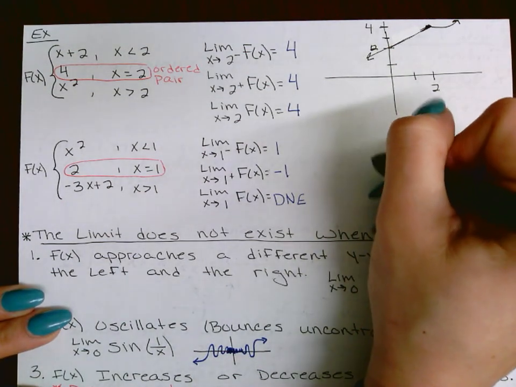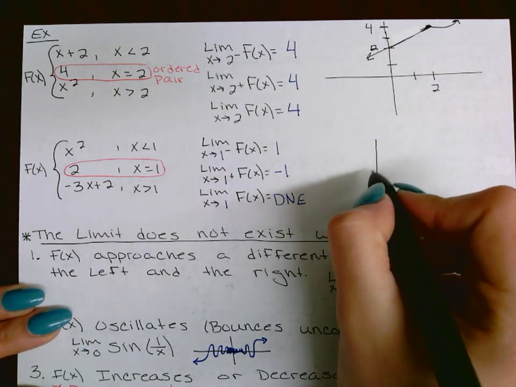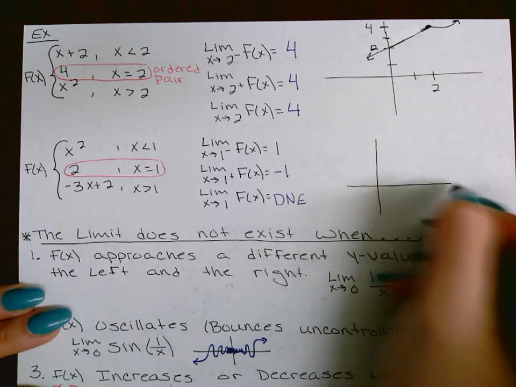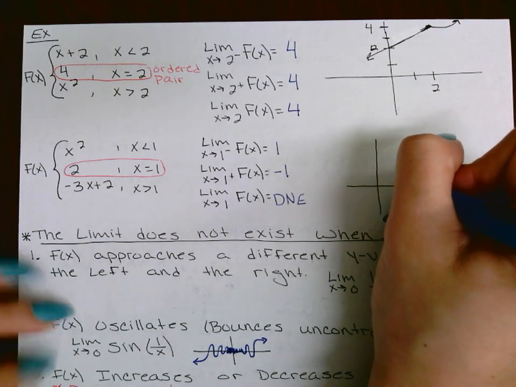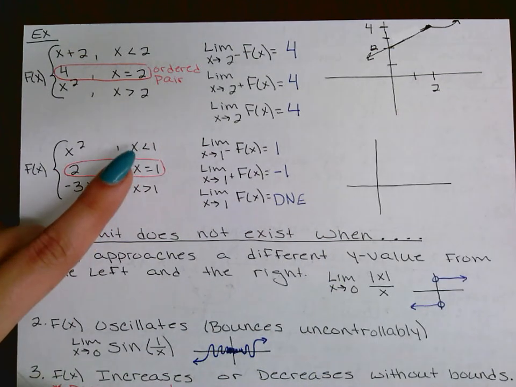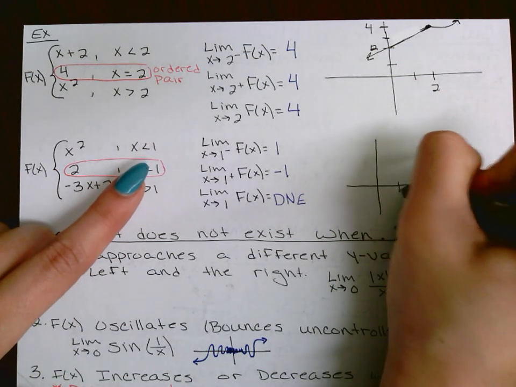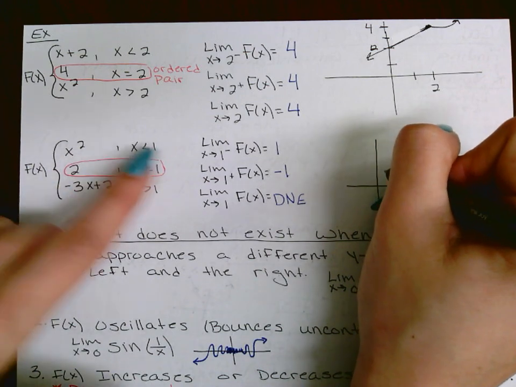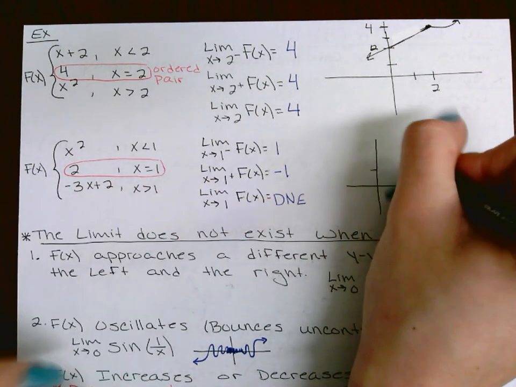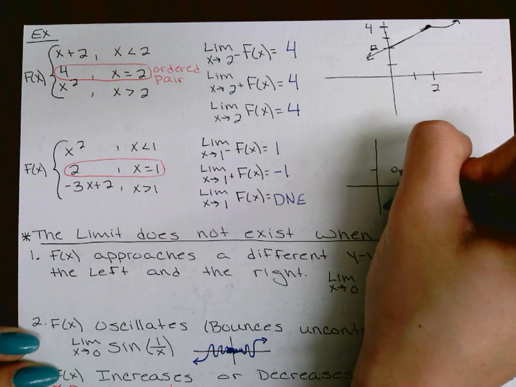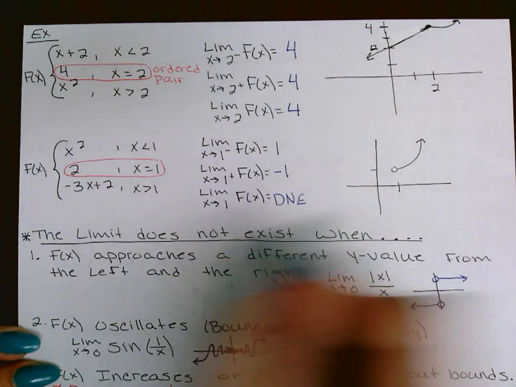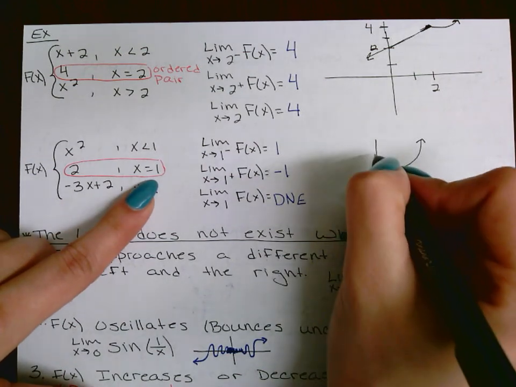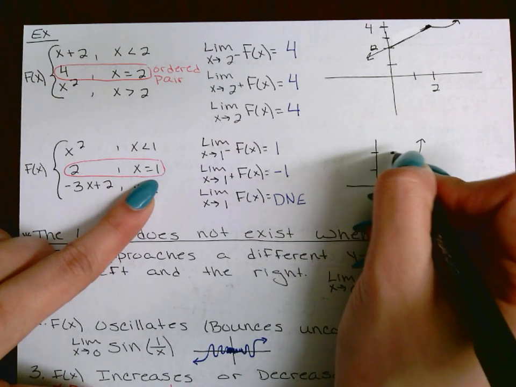If you want to see this graph, just for a visual, I know x squared is a parabola. If I only want it to exist after 1, okay, I know that that gives me an answer of 1. I can see that right here. And then at 1, there's an ordered pair up here for 2.